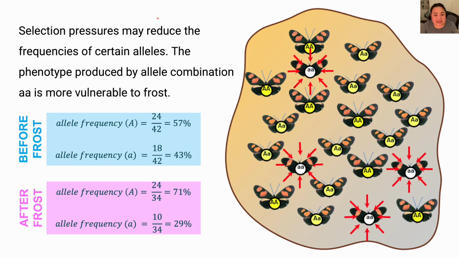And on the flip side, natural selection also acts on gene pools by increasing the survival and reproductive success of individuals with phenotypes well suited to the environmental conditions. As we can see, the big A alleles become more common in the gene pool because its allele frequency increased from 57% to 71% after the frost event happened.